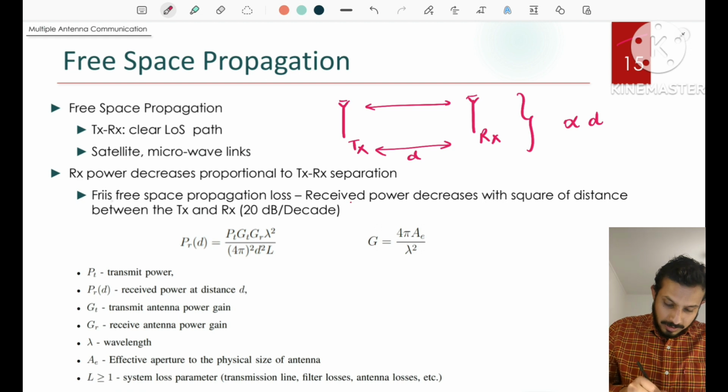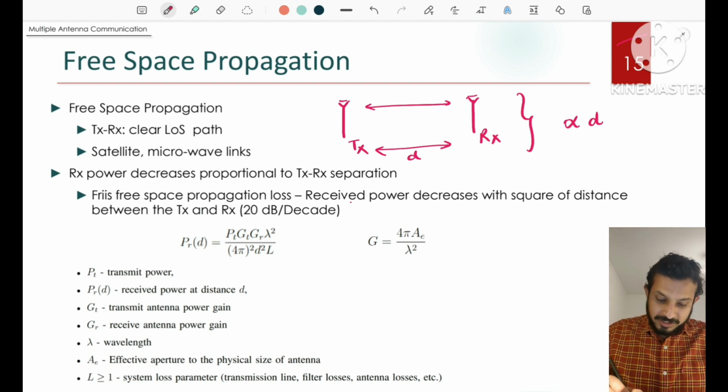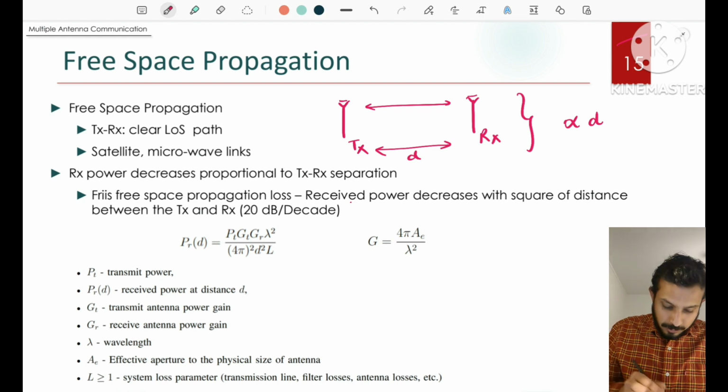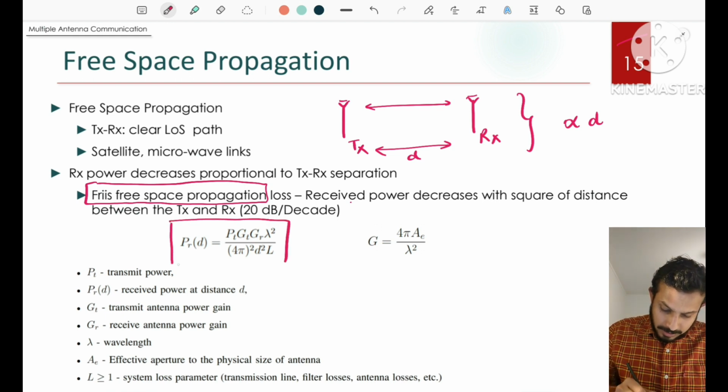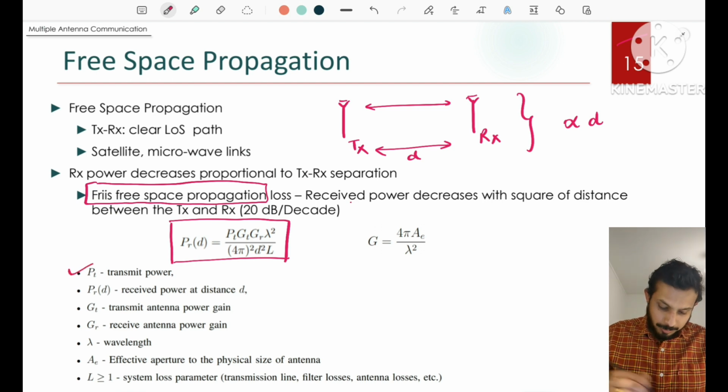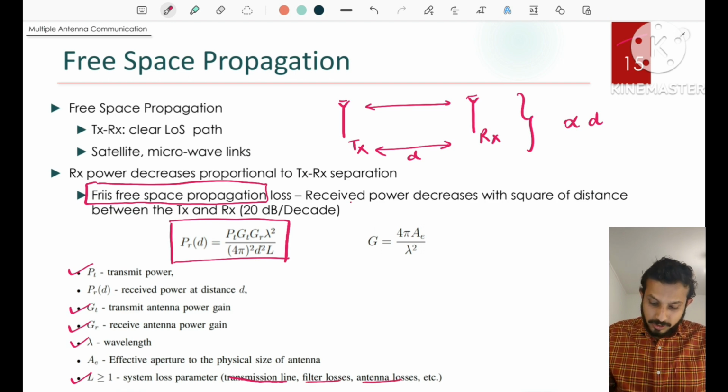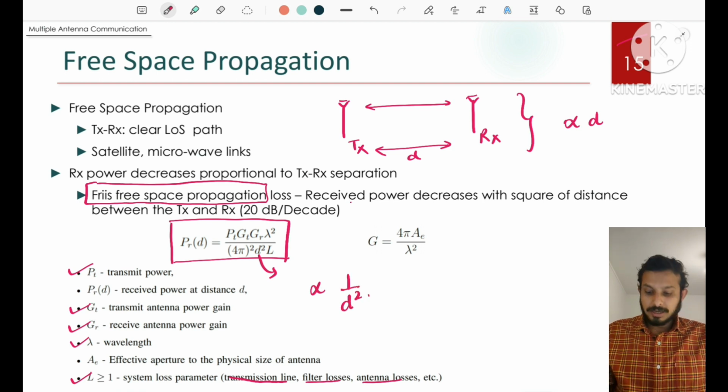Next, to find the expression of the received power for free space propagation, we use the Friis free space propagation model, which states that the received power at a distance d is proportional to the transmit power Pt, the transmit antenna power gain, the receive antenna power gain, the wavelength squared, and inversely proportional to the system losses, that is transmission losses, fiber losses or antenna losses, and also inversely proportional to the square of the distance.